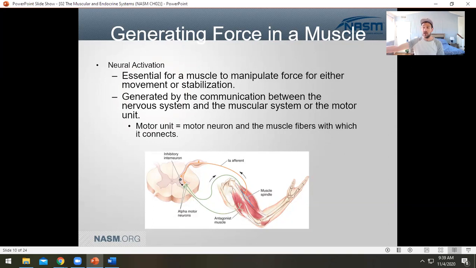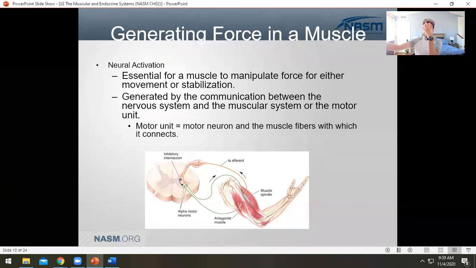The brain goes, okay, great, squeeze this, relax this. And then all of a sudden that creates that elbow motion we're talking about, right? So we've got information going towards the brain, and two pieces of information coming from the brain: one is relaxation and one is contraction.